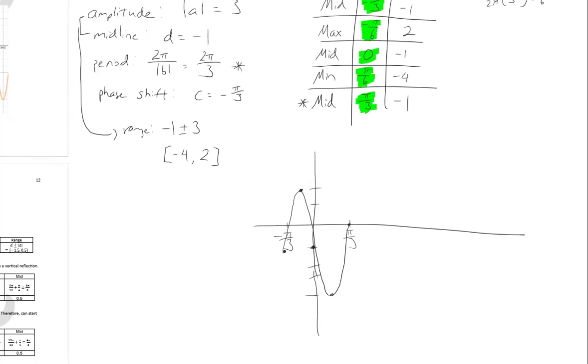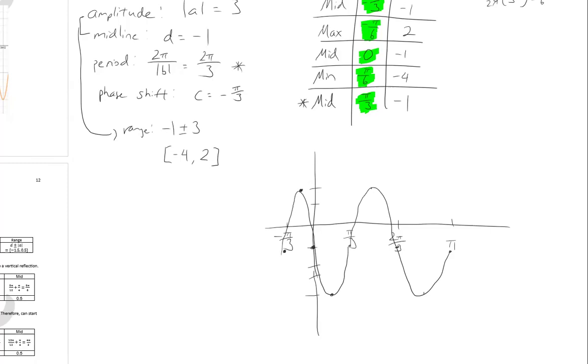If we need another period, what's pi over 3 plus the period, which is 2 pi over 3? That is pi. So you would get another mid there. Sorry, the mid should not be at 0, it should be at minus 1. So let me fix that as well. So it should look like this. My bad. Another period would look like this, right there.